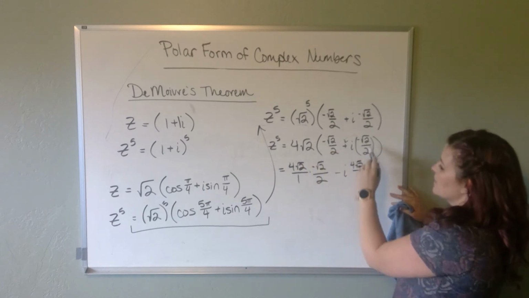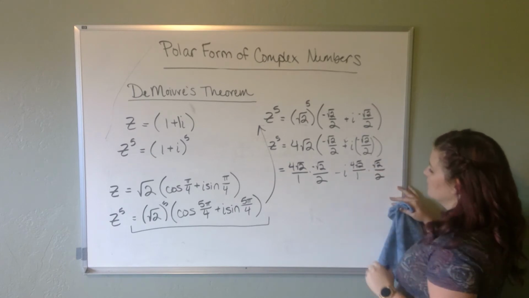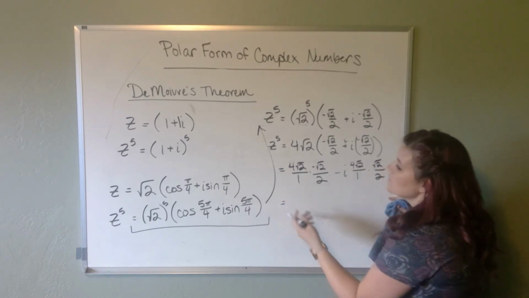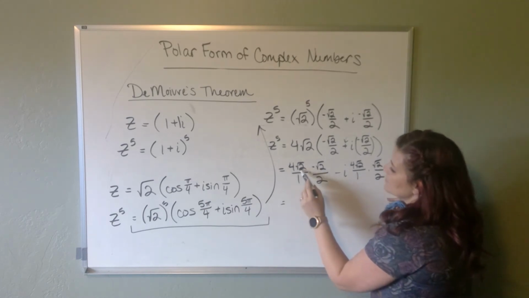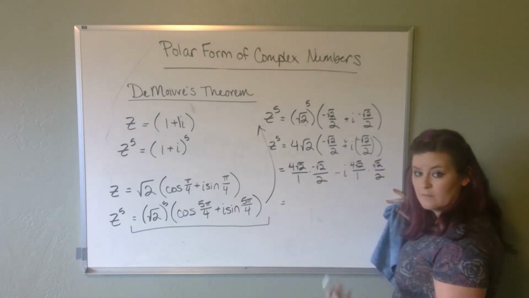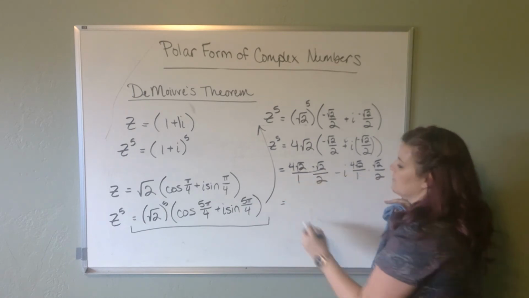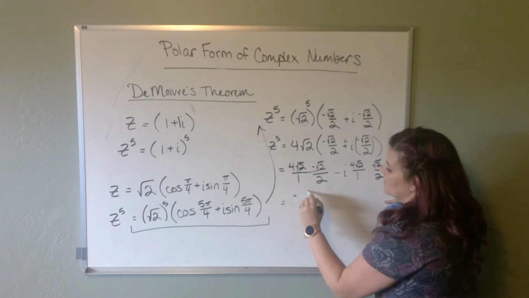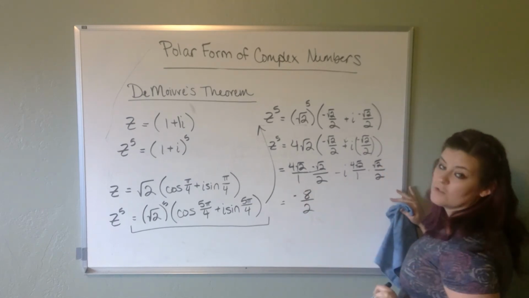So r times this last term, and I already took the negative out. You're just distributing the 4 root 2 to both terms. You guys, what happens with root 2 times root 2? It equals 2, right? So I see a 4 times 2 here with a negative out in front. Well, that's 8. And remember, there's a 2 on the bottom.